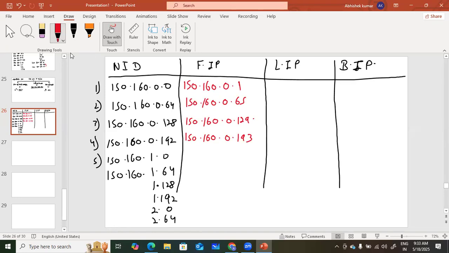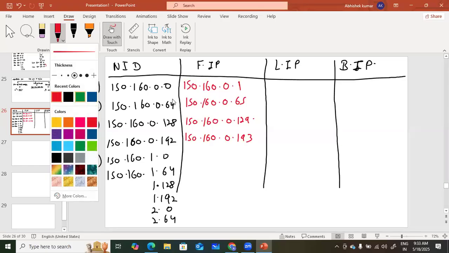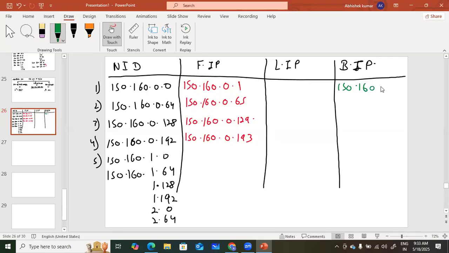Let's go for the broadcast IP and the last IPs. The broadcast IPs will be 150.160.0.63, 127, 191, then 0.255. Perfect.